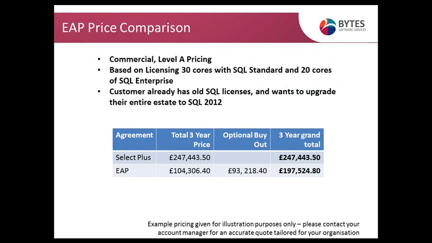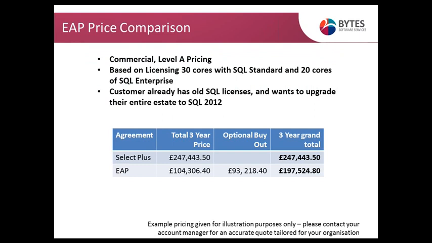Just as a quick price comparison for the Enrolment for Application Platform, again based on commercial level A pricing, based on licensing an organization with 30 cores of SQL Standard and 20 cores of SQL Enterprise, where the customer already has old SQL licenses and wants to upgrade their entire estate to SQL 2012. And this is what we're finding that organizations want to do.